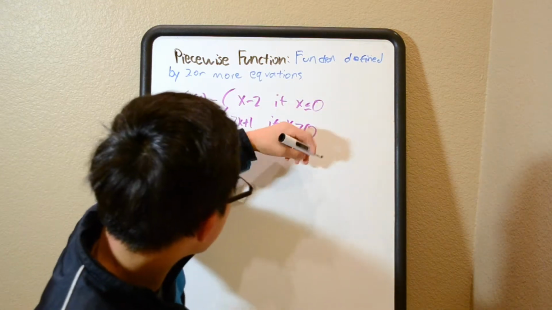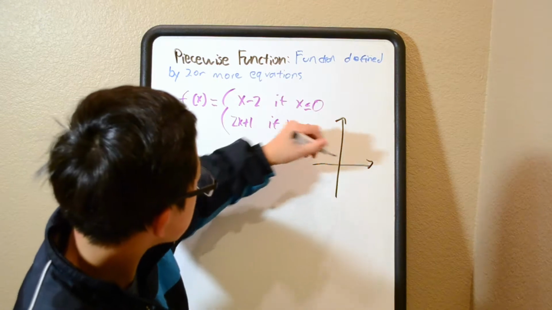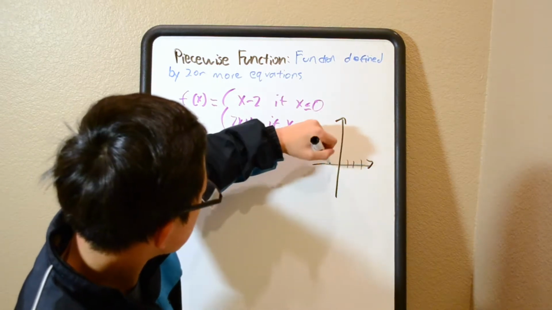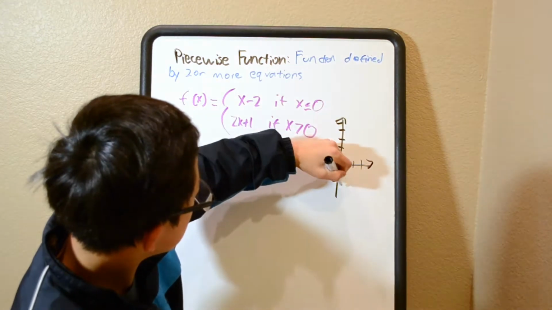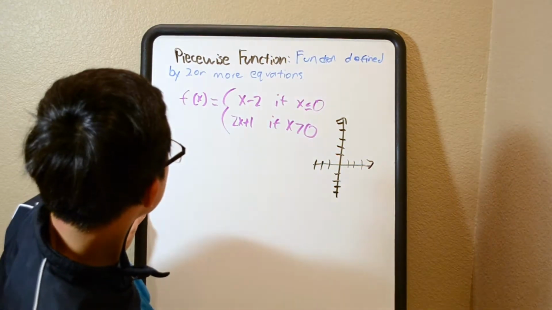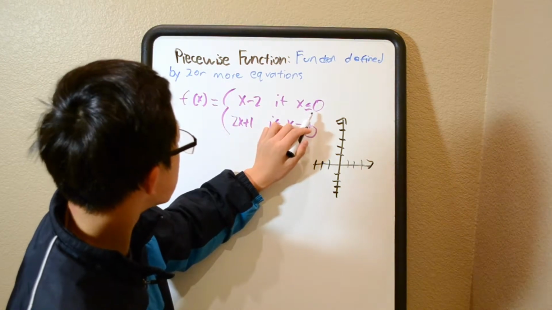So we have our x and y axis. Okay, so let's draw x minus 2 first, if x is less than or equal to 0.